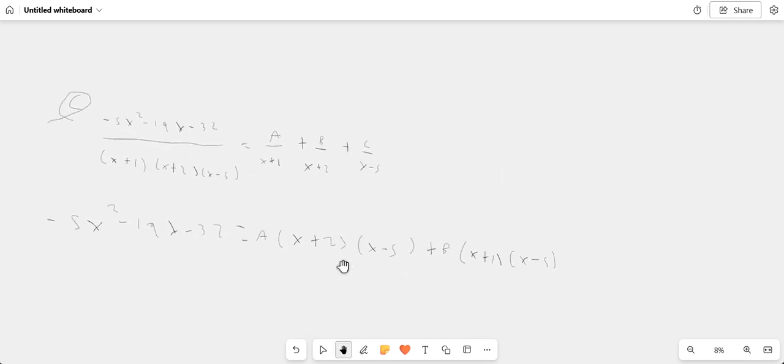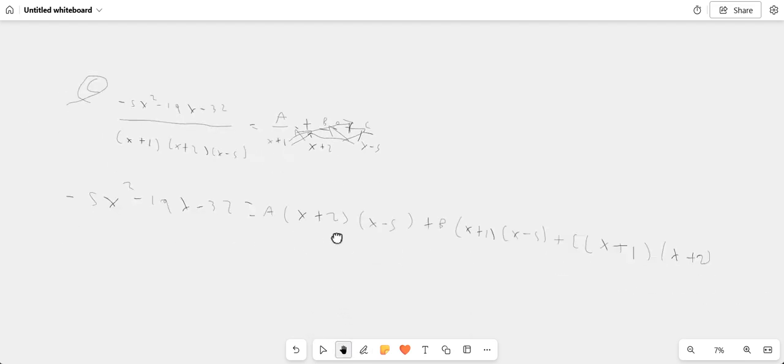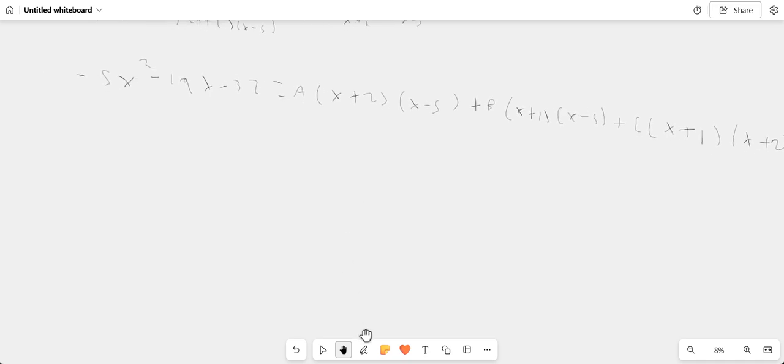And then plus c, you got x plus 1, x plus 2 here. So if you don't understand what happened there, I multiplied this up there, that up there. Same way, whatever b has, I multiply that up there, that up there. For c, I multiply that there, and that there. Alright, cool. So now, we're going to start eliminating.